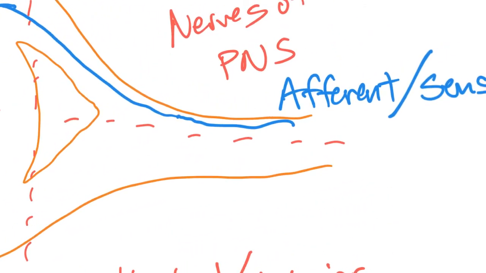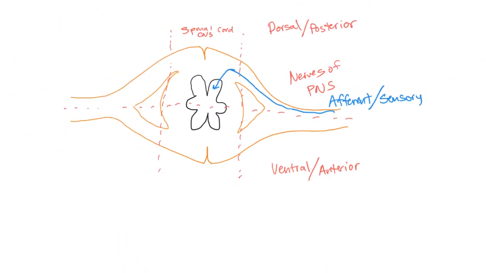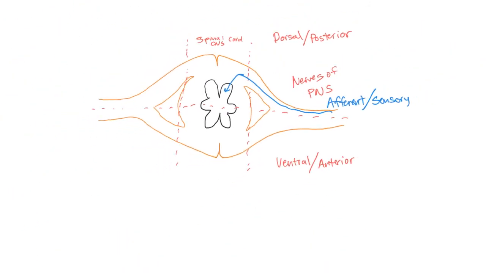Afferent. Whereas everything coming into the ventral or anterior portion is efferent, and thus your motor pathways.